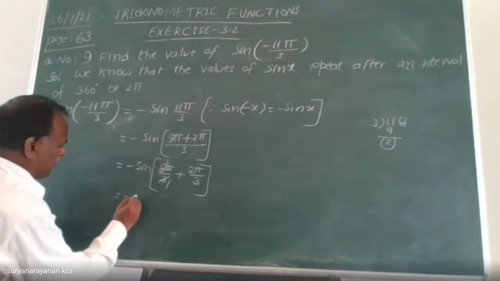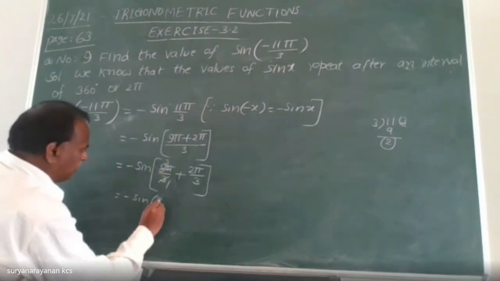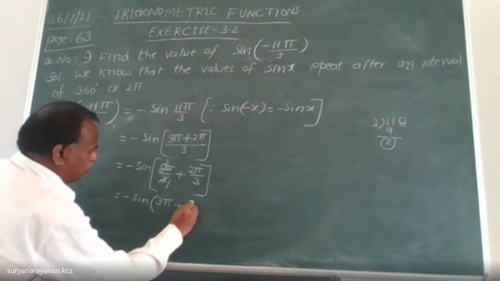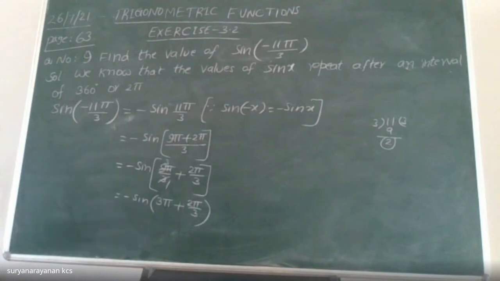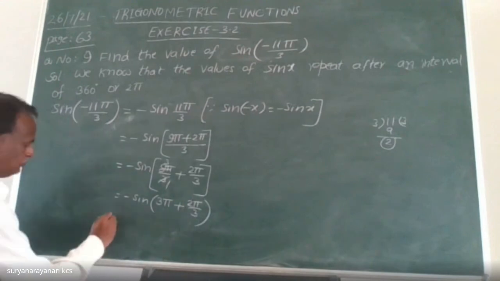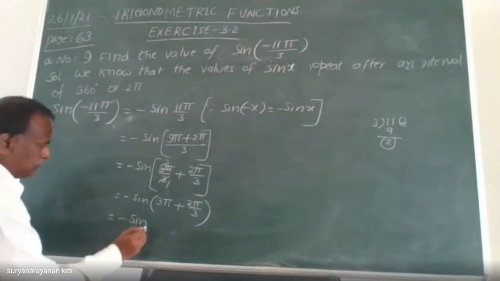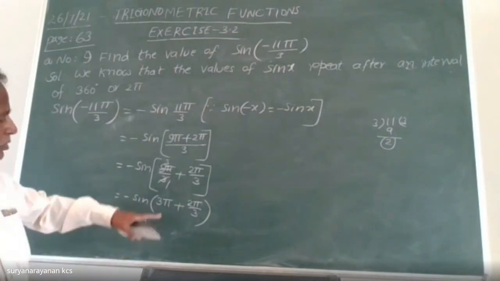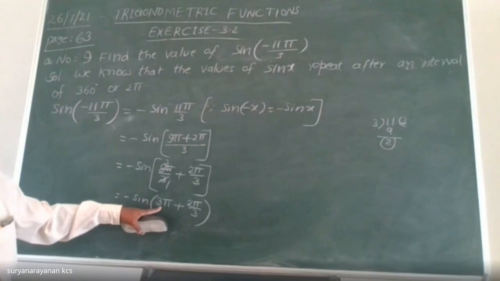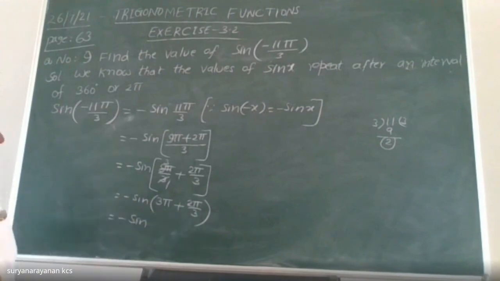So minus sine of what will we get here? 3 pi plus 2 pi by 3. See here, my children.